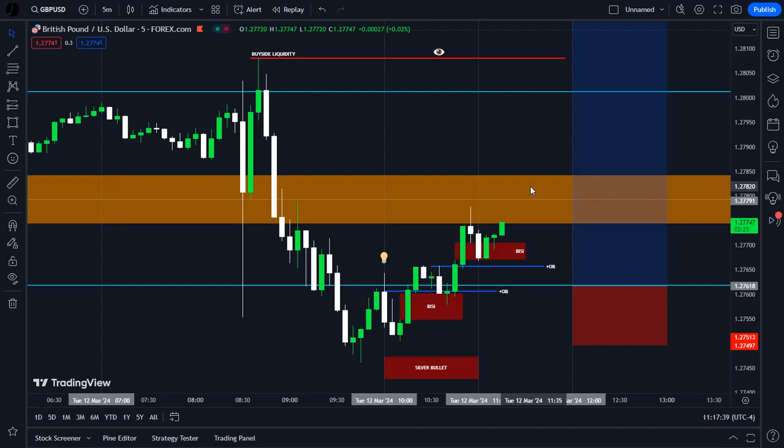So yeah, if that candle closes bullish like that, it will have already broken the opening price of the two down-close candles in that bullish order block. So let's watch and see.